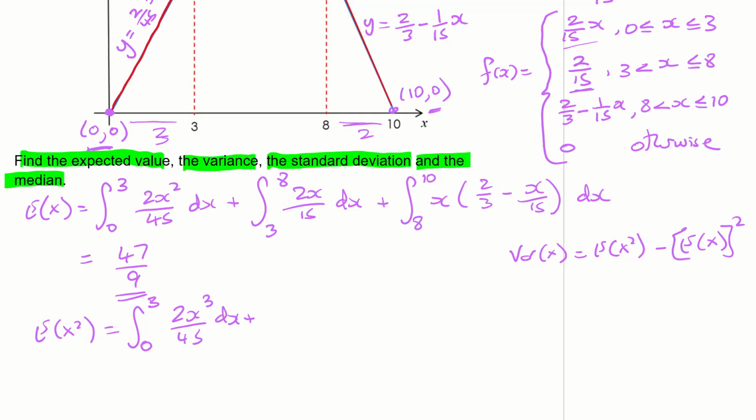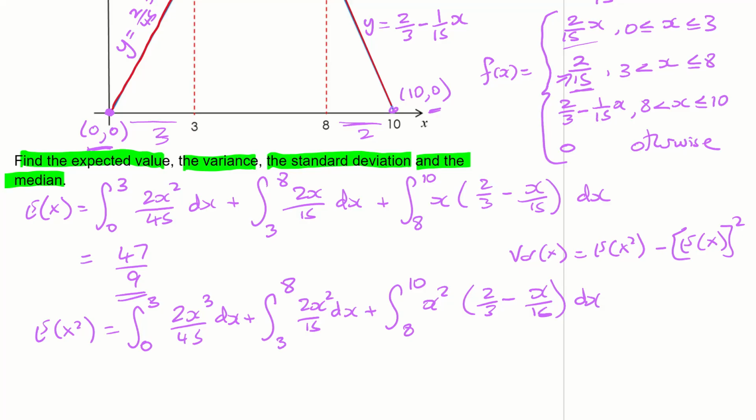And then for the next one, going from 3 to 8, we're going to do x squared times the 2/15. So that's going to be 2x squared on 15. And then finally, from 8 to 10, we've got x squared times (2/3 take away x on 15). And calculating all of that gives me 32.5.